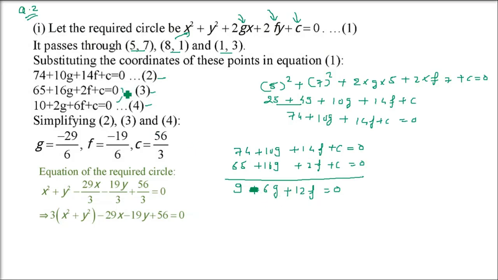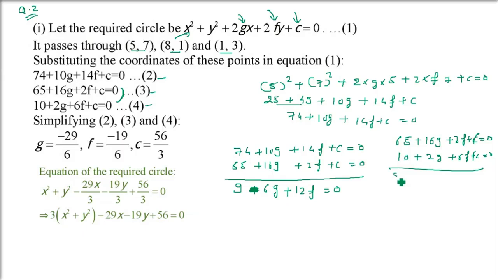Coming to take 3 and 4. I'm saying 65 plus 16g plus 2f plus c equals 0, and then you have 10 plus 2g plus 6f plus c equals 0. Subtract these two. C gets cancelled. 65 minus 10 is 55.